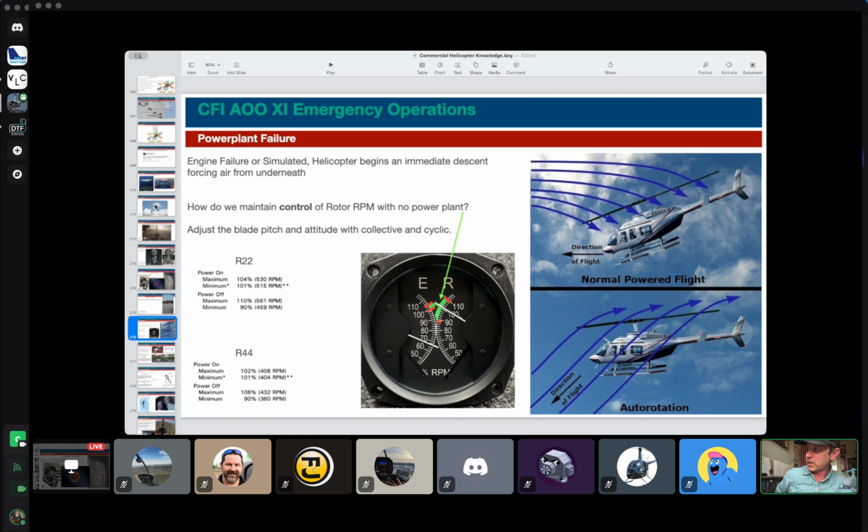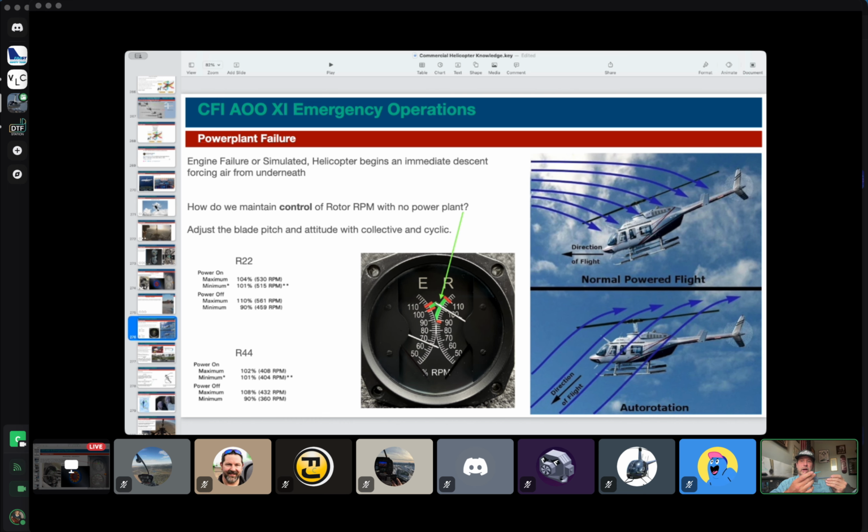So the question is, how do we maintain control of the RPM if what we generally use to control RPM is our throttle and our power from our collective, right? If we're pulling power, we're controlling RPM. How is it that we can control RPM if we don't have power?